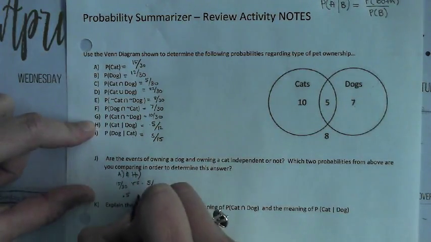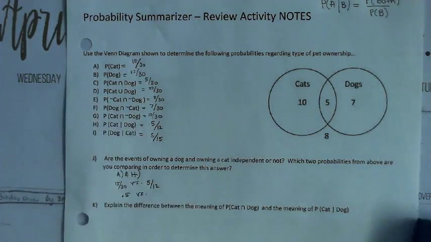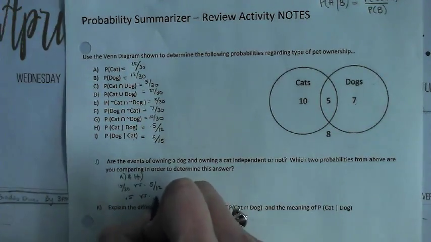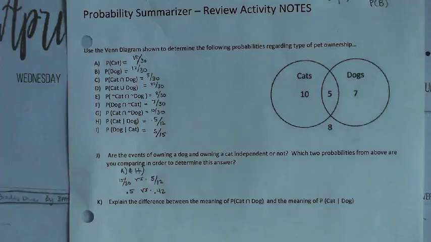So the first one is 0.5, just owning a cat. But given that you own a dog, your probability of owning a cat drops to only 42%. Yes? So something about owning a dog made you less likely to own a cat. So are they independent? No, they're not equal, so they're not independent.